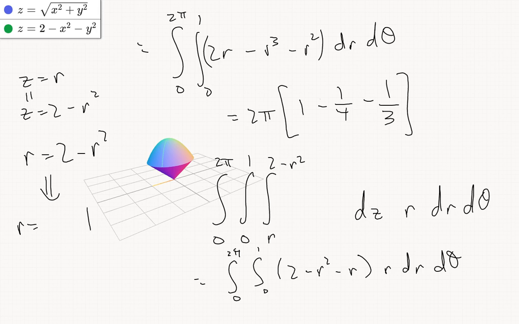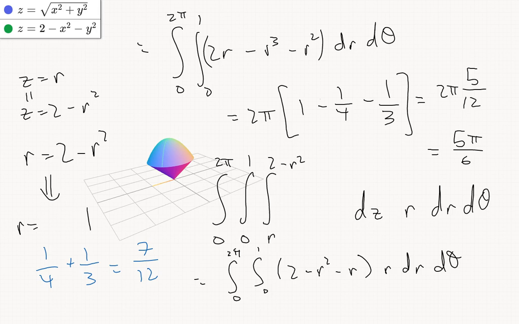So let's see, 1/4 plus 1/3 is 7/12. So this will be 2 pi times 5/12, which is 5 pi over 6, the volume of this shape.